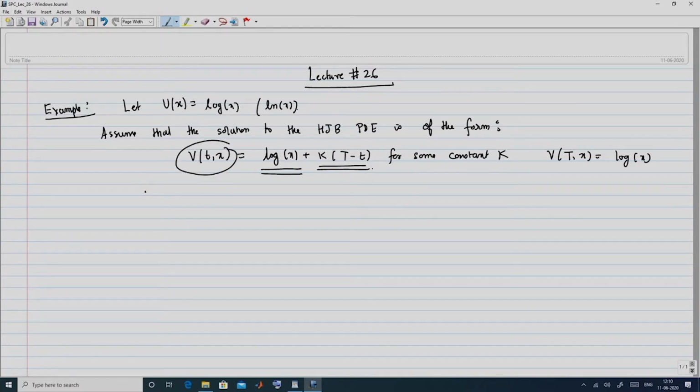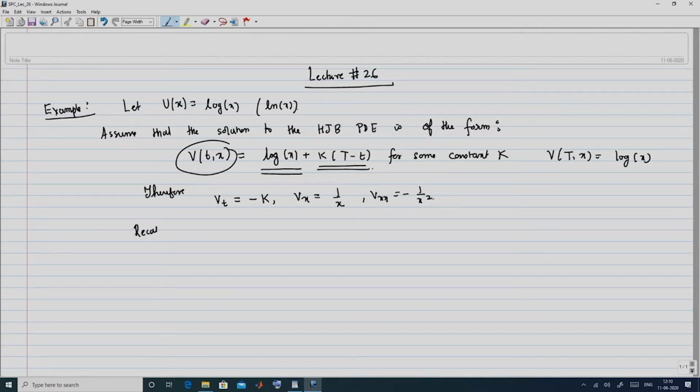So, with the assumption of this form for the value function, we obtain that V_t, the partial derivative of V with respect to t, is going to be minus k, V_x is going to be 1 over x, and V_xx is going to be minus 1 over x square.